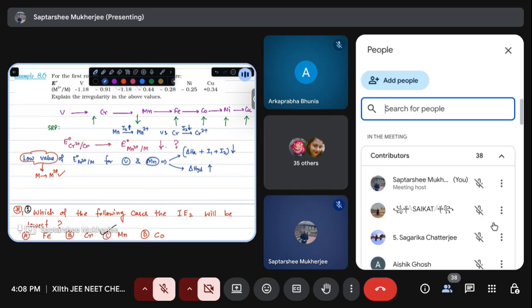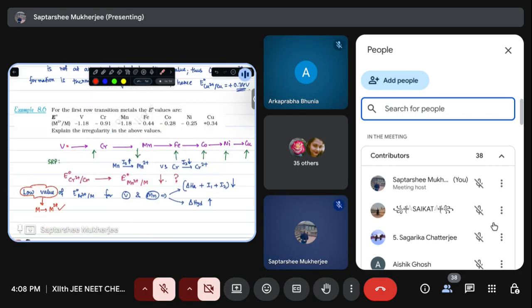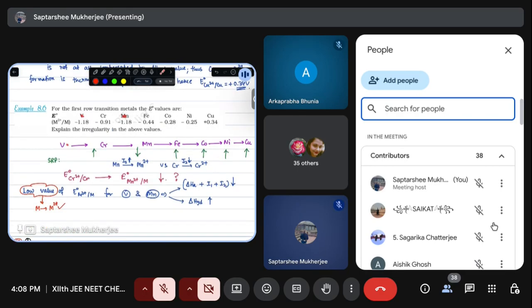Maybe for vanadium and manganese, the enthalpy of atomization, first and second ionization enthalpy are collectively smaller in value, and hydration enthalpy collectively is larger in value. So overall M to M2 plus, that means vanadium to vanadium 2 plus and manganese to manganese 2 plus, are favorable to form. Can we all understand?